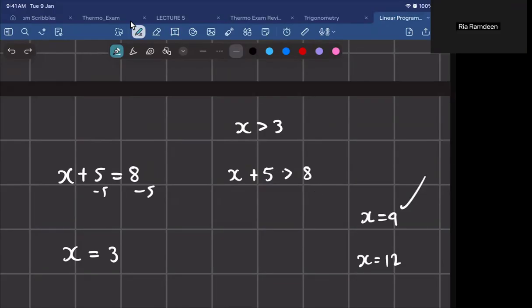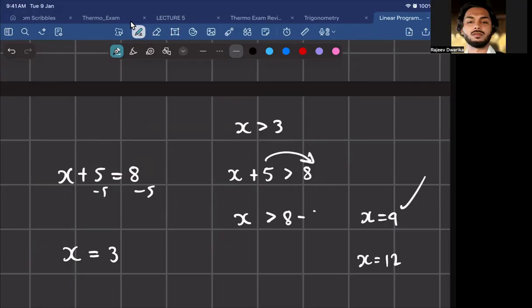Forget about that inequality sign and look at it as if it was an equal sign. Move the 5 across. X equals... No, it's an inequality. So instead of writing equal, the x is more than 8 minus 5.